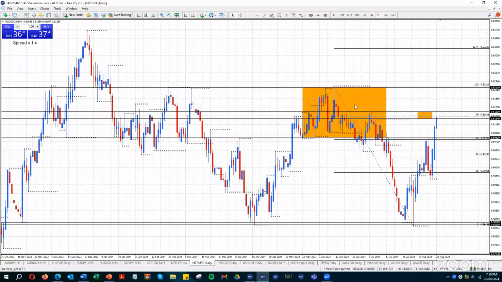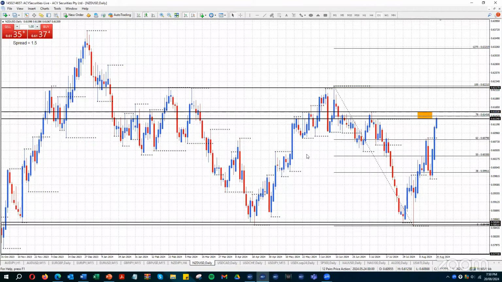Don't be surprised to see, if we started to consolidate here again, wouldn't be any surprise. Now, depending on your viewpoint, you could be thinking, okay, I actually thought we were going to break down through here, but we didn't. But we've had this rally up here, like on the Aussie.